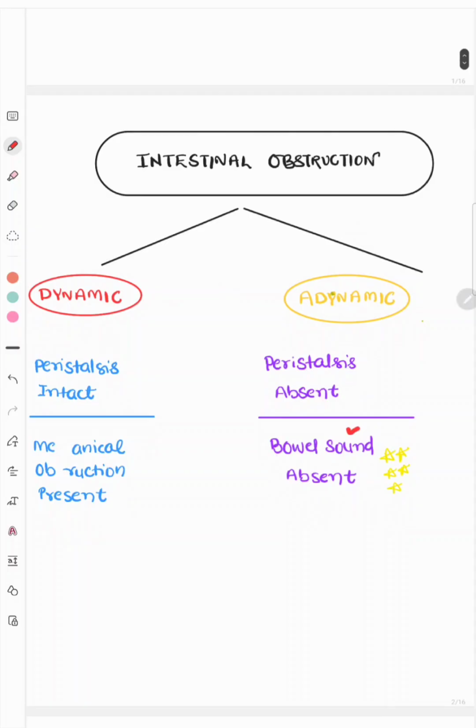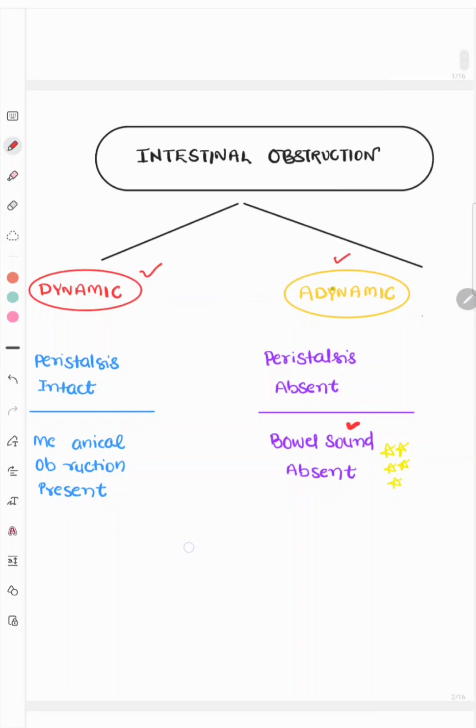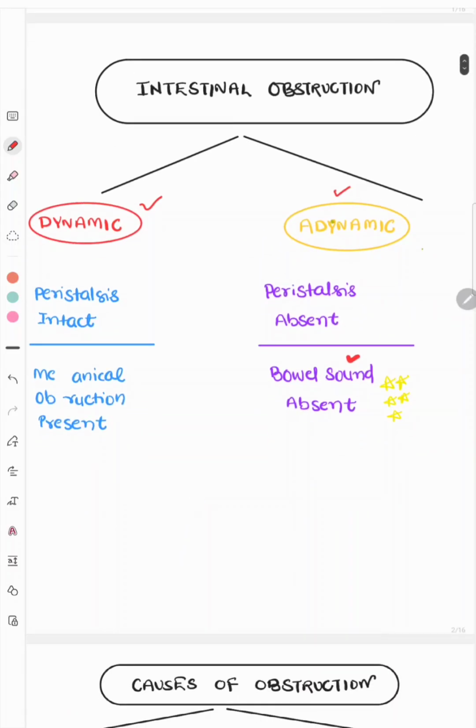So intestinal obstruction is mainly of two types, dynamic and adynamic. What is the difference between dynamic and adynamic? We try to understand in a simple form. Let's assume this is our intestine, its wall.